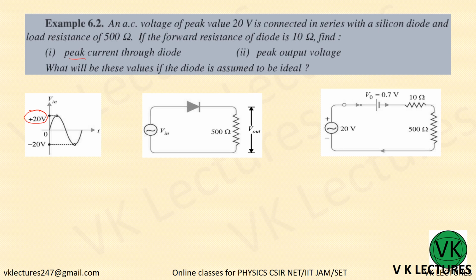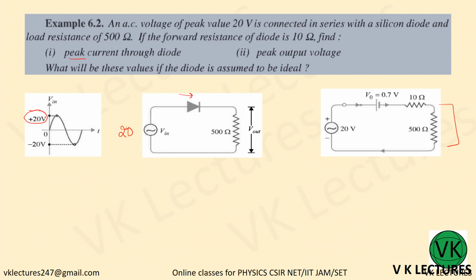Now peak output voltage also. Output voltage means voltage across this resistance. Now how to do this problem? 20 volt will be there. Since it will be having only one diode, you need to consider only forward bias of this. So 20 volt being fed.